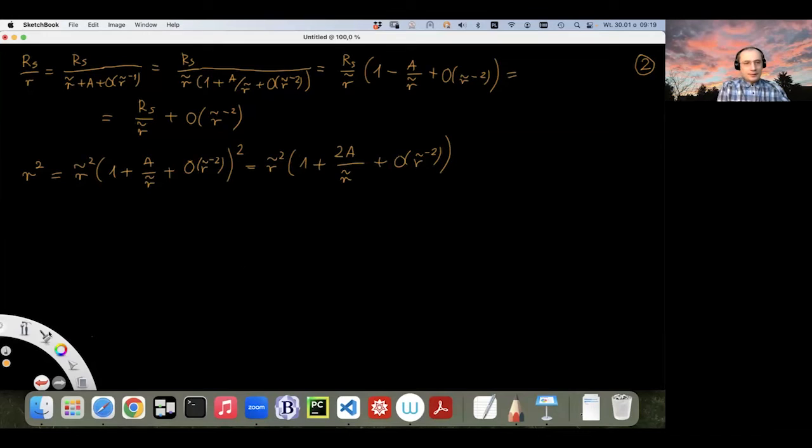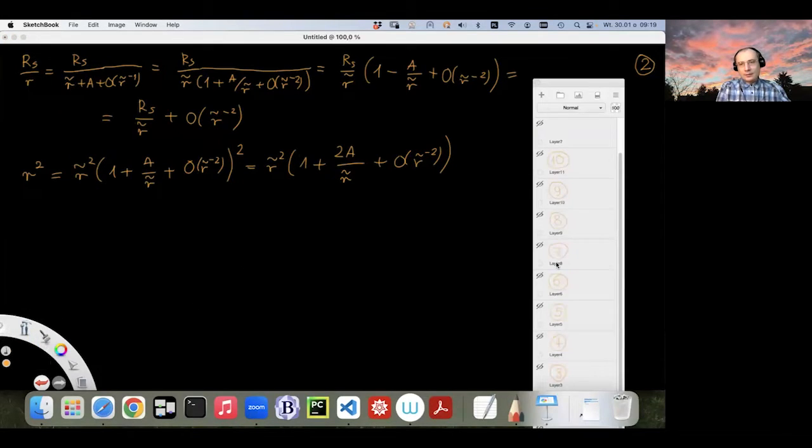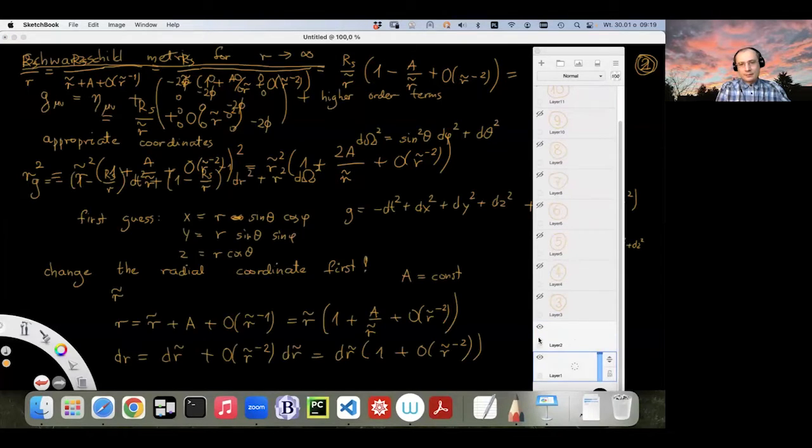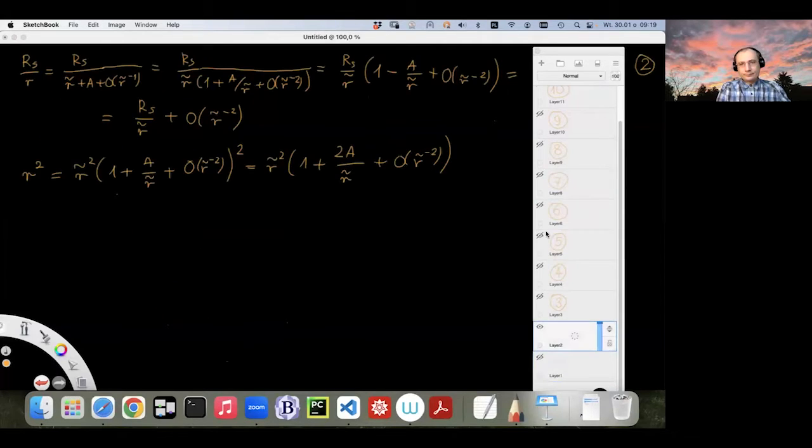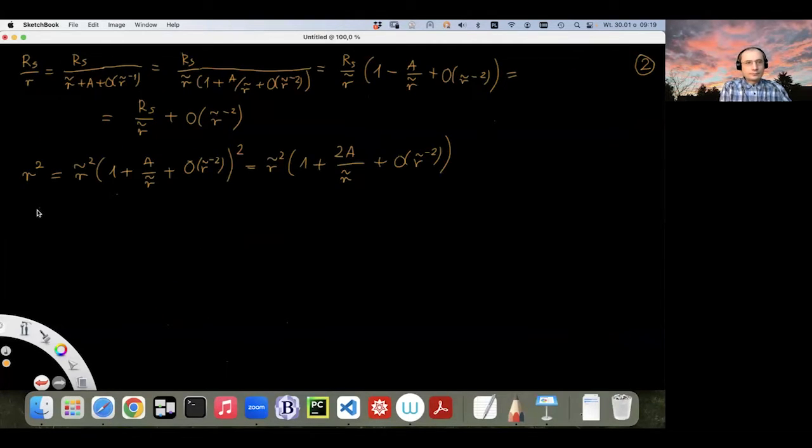And now the trick is simply to substitute that over here. So the metric becomes minus dt squared times (1 minus rs over r tilde plus a higher order term).